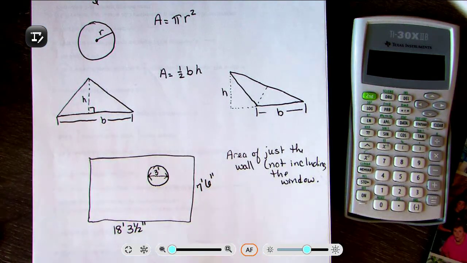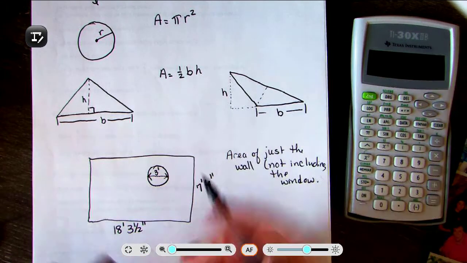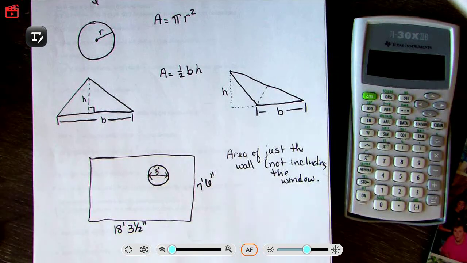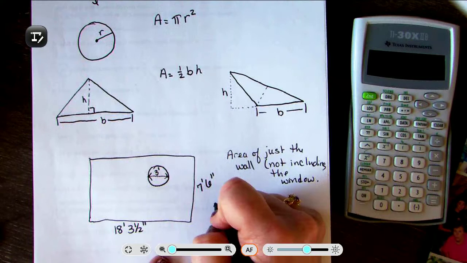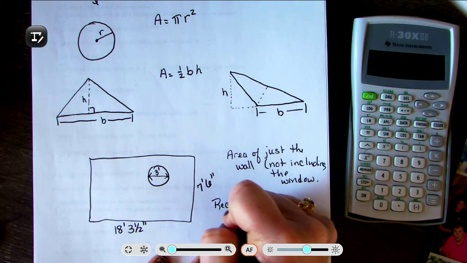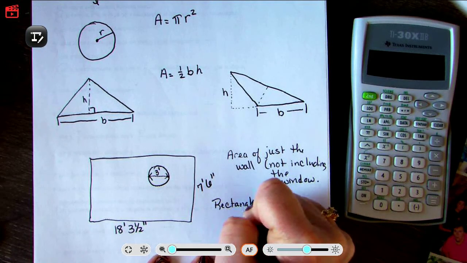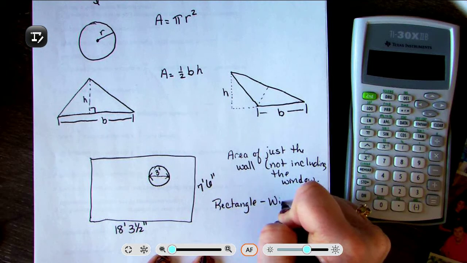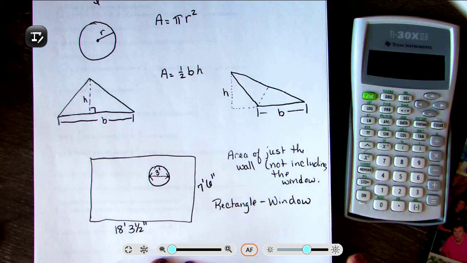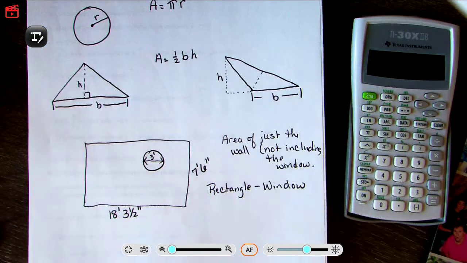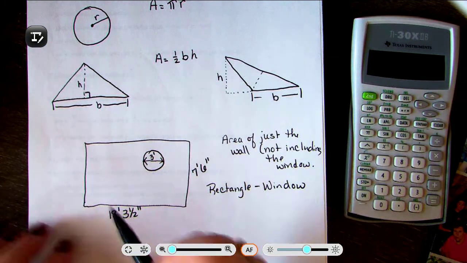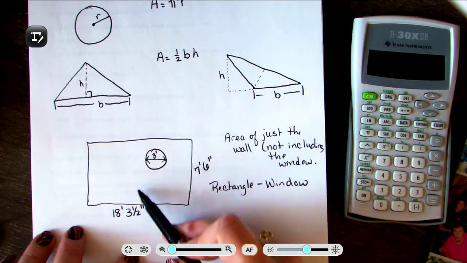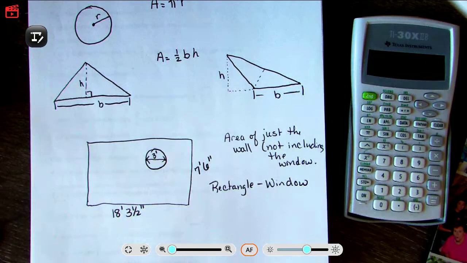So basically I'm going to take this rectangle and throw out the window. So I'll kind of write that down. So it's going to be the rectangle minus the window. Hopefully you guys can see that, picture that in the picture here. So the whole rectangle, and then we'll get rid of the window.